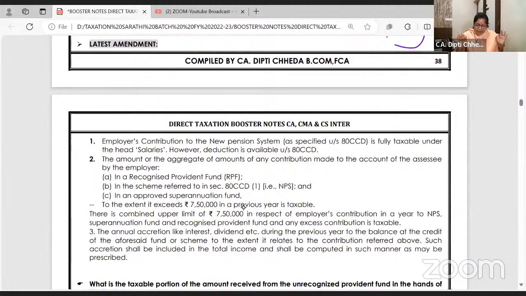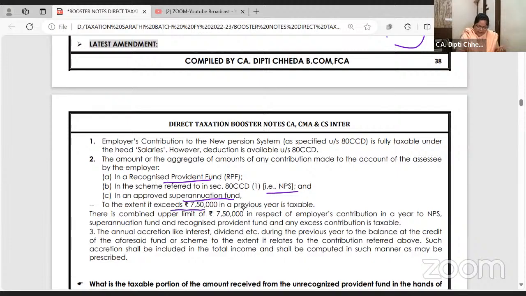Now, important. You are putting money in RPF. You are putting money in the National Pension Scheme. Remember 80CCD1, 80CCD2B and all. It's there in deductions: National Pension Scheme, Atal Bima Yojana and all that. And you are putting money in a superannuation fund. That is also a different kind of investment like this.